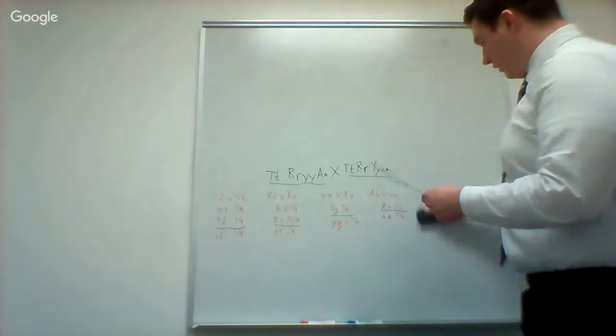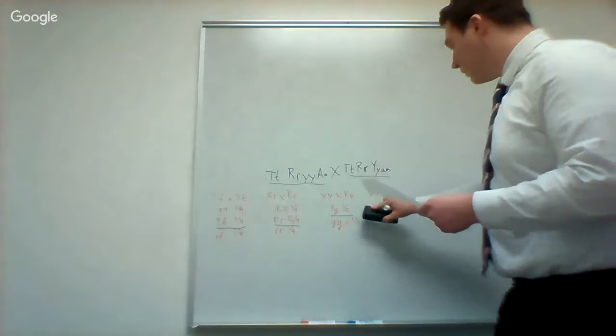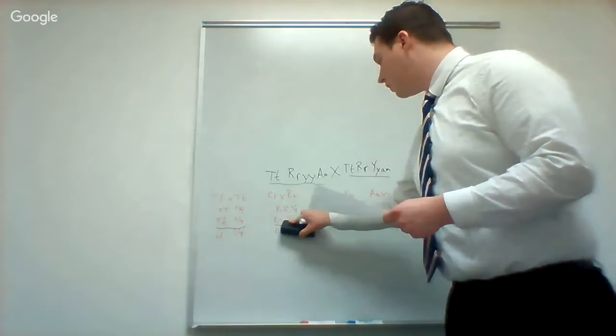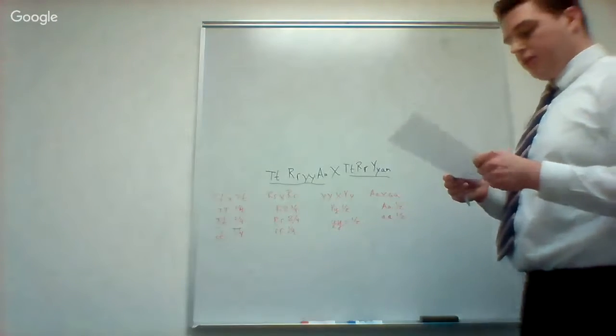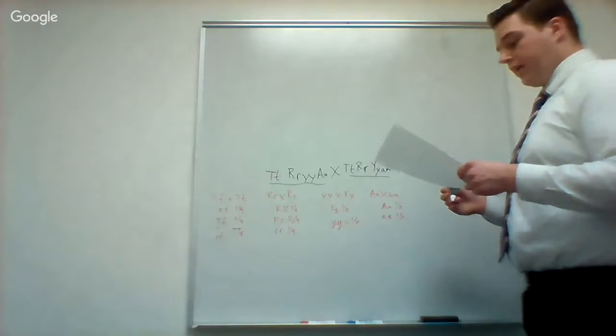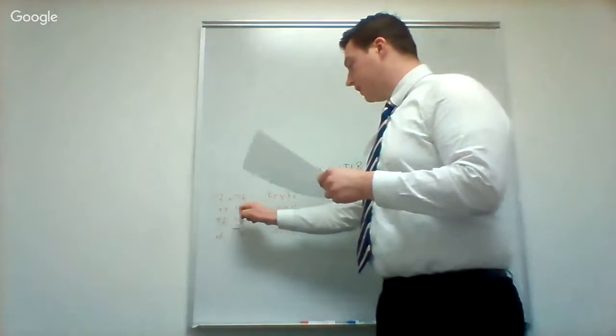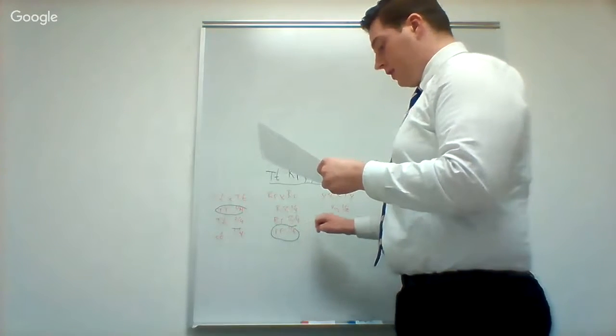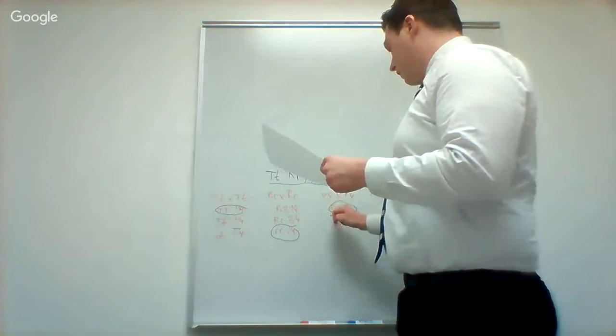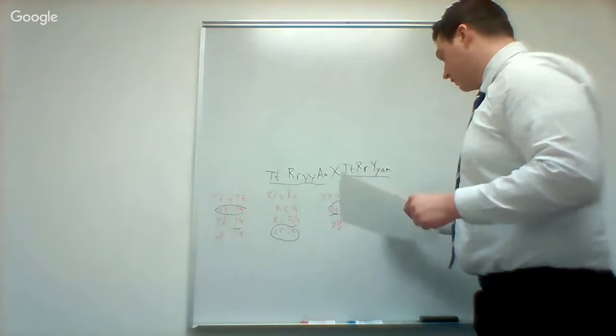All right, so the next one is saying, what is the probability of the first 5 offspring having big T, little r, heterozygous, and little a.